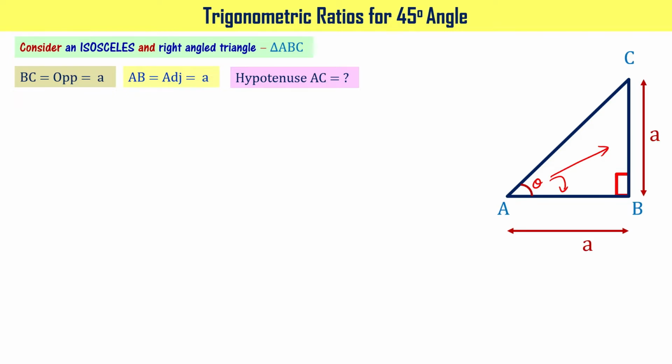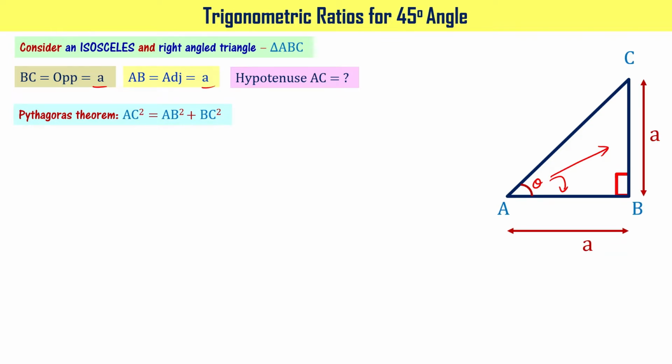It is a right angle triangle and we know lengths of two sides of this particular triangle, right? Triangle ABC is an isosceles triangle and right angle triangle, right? We know lengths of two sides of the triangle, A and A. The third side we have to find. So Pythagoras theorem comes handy here. Pythagoras theorem says that square of the hypotenuse is equal to sum of the squares of other two sides, right?